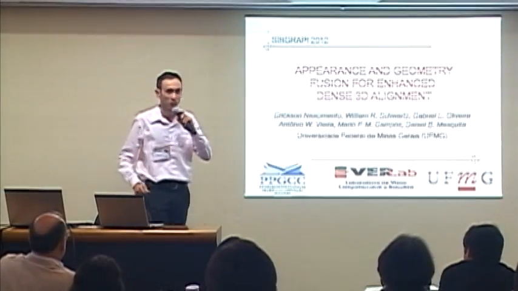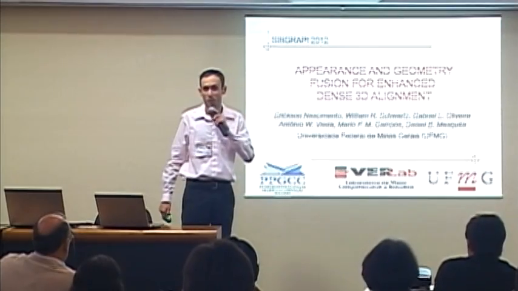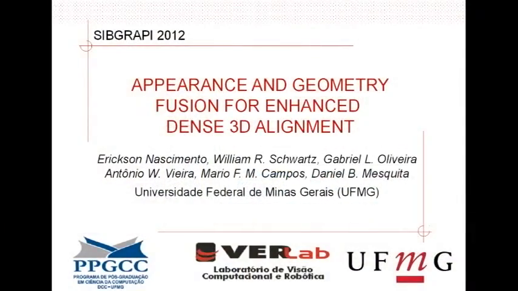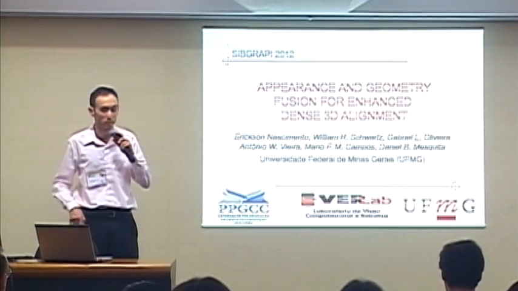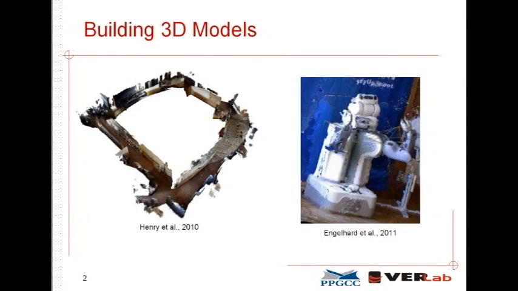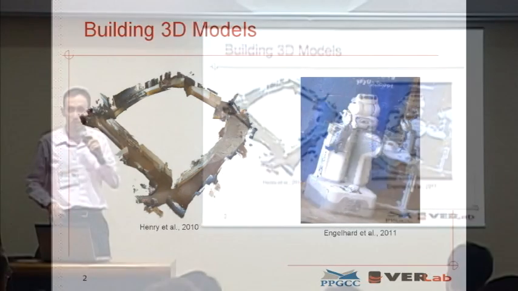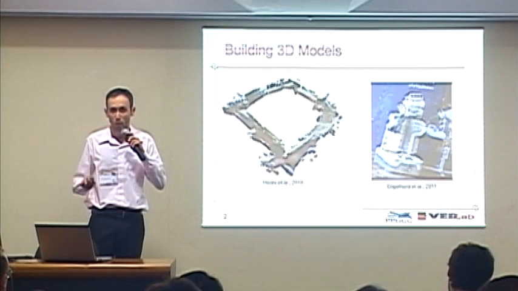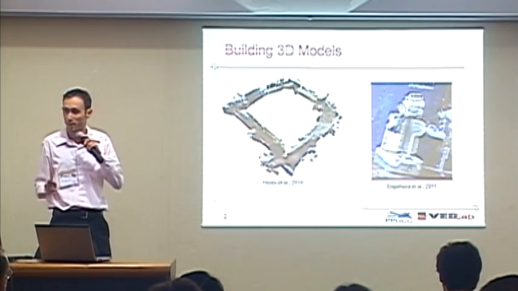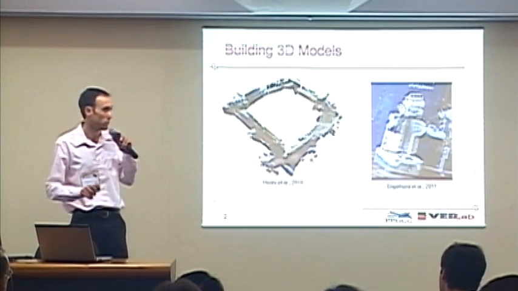Good morning, my name is Erickson, and I'm going to present our work about enhanced three-dimensional alignment using fusion of geometric and appearance information. Building accurate three-dimensional models for a scene or object is a fundamental problem in a myriad of tasks in computer vision and computer graphics.